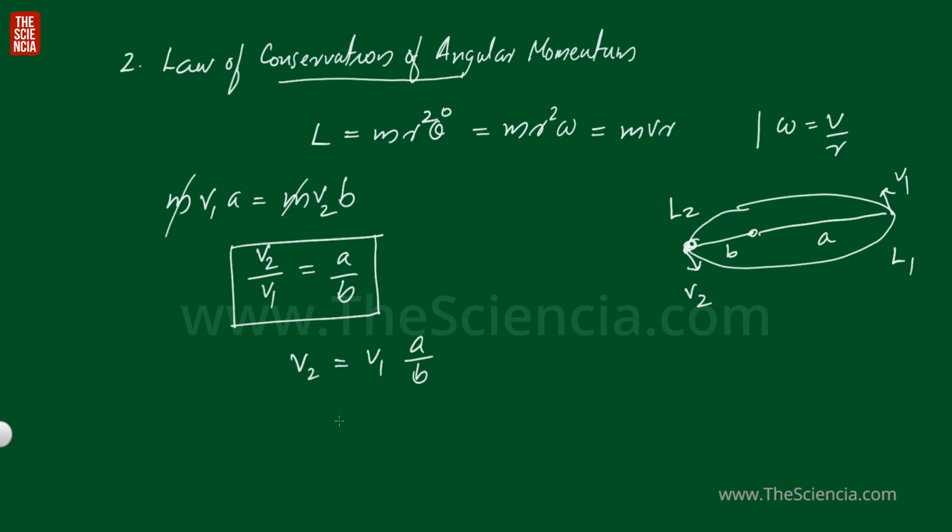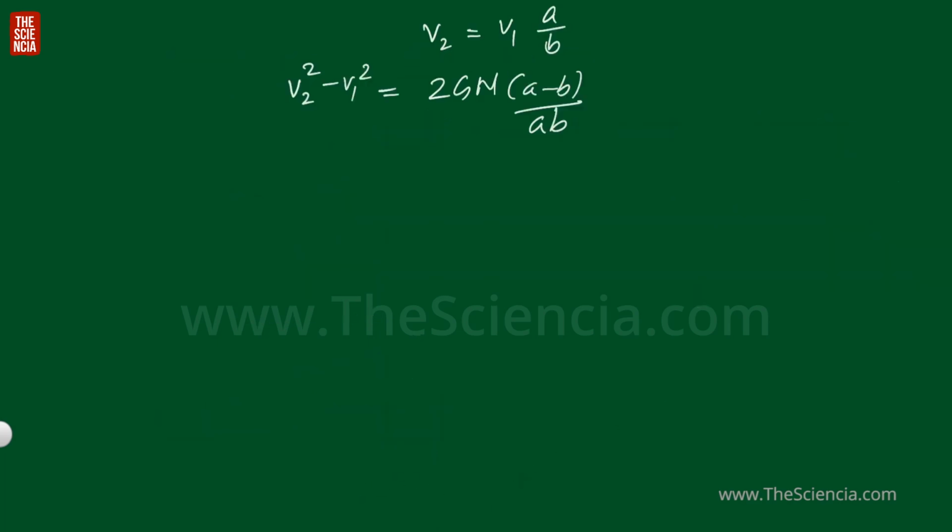Right. Now I am going to substitute this condition in our earlier equation, that is v2 square minus v1 square is equal to 2GM into a minus b by ab. Now I am substituting this in v2 square. So what do we get?